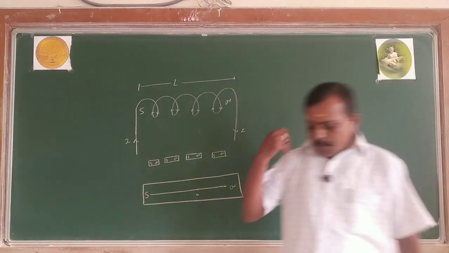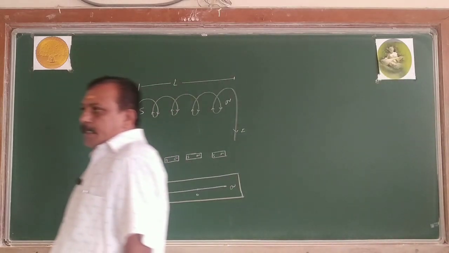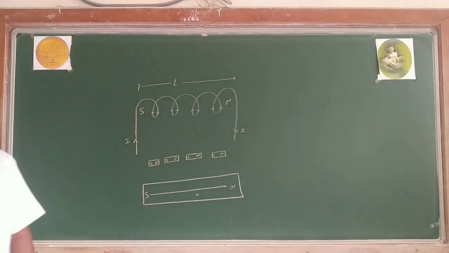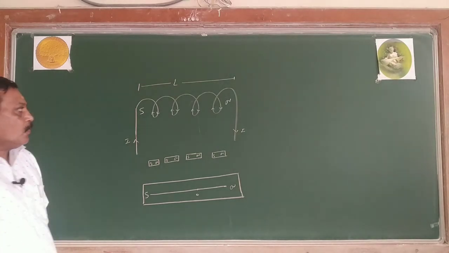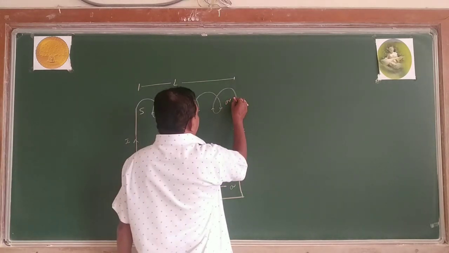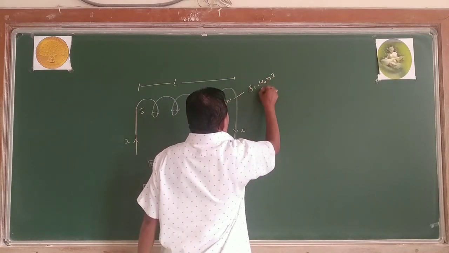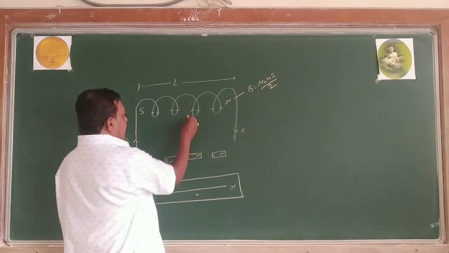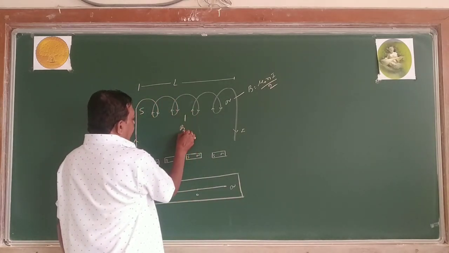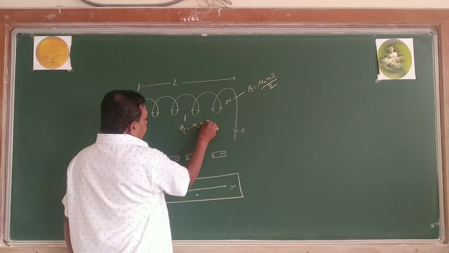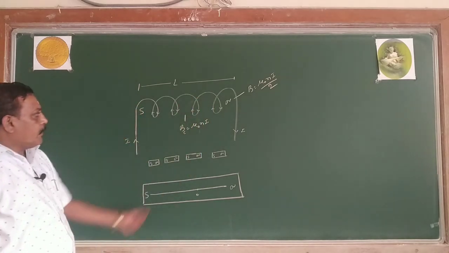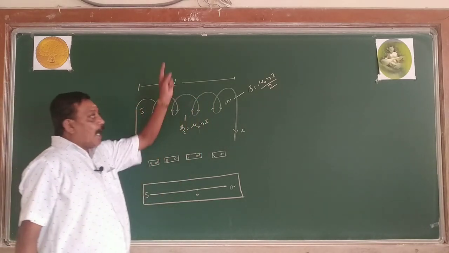Then what is the difference between the current carrying solenoid and our bar magnet? We know that the magnetic field at the end of the solenoid is B equals mu naught N I by 2. But the magnetic field is maximum at the center, mu naught N I. The magnetic field is maximum at the center of the solenoid and minimum at the ends.